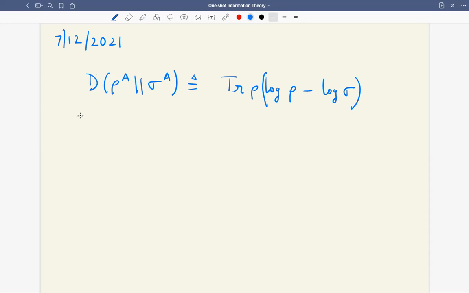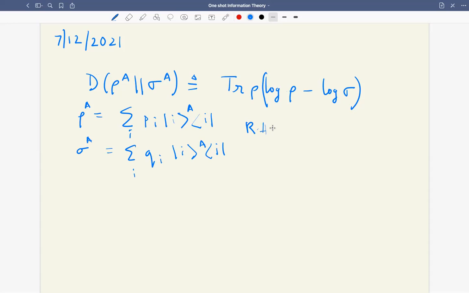In the classical world, a classical probability distribution is represented by diagonal density matrices. So rho will be the summation over i of p_i, in our ket-bra notation, and sigma will be the same thing, with q_i, also a diagonal density matrix.